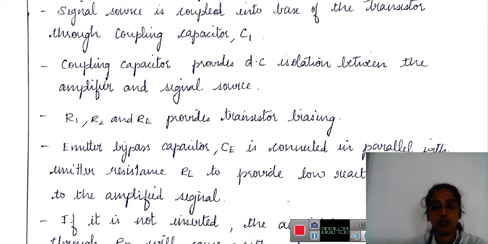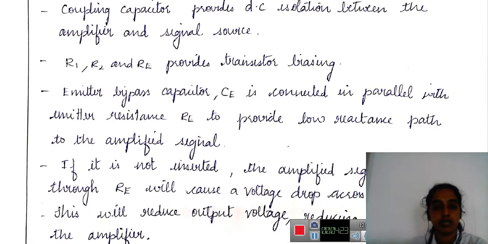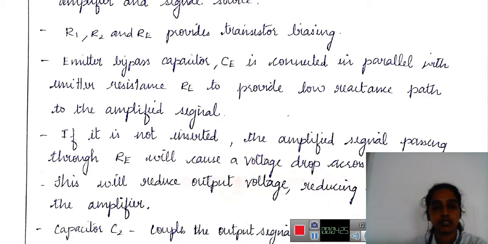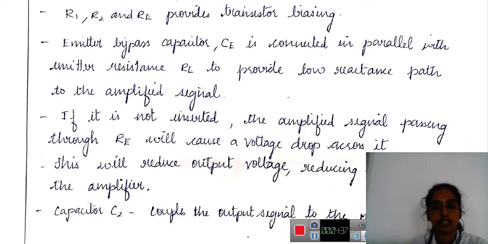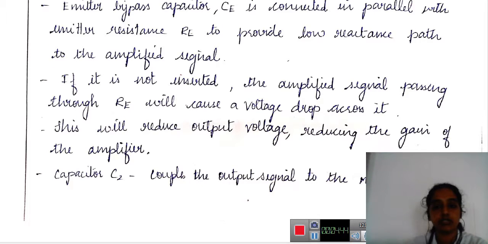So if I don't have this CE and RE, or if I don't have the capacitance inserted in parallel to the resistance RE, the drop across it will be very large, and we should consider the value of RE in order to find the value. So since I have bypassed, this will reduce the output voltage, so thereby it reduces the gain.